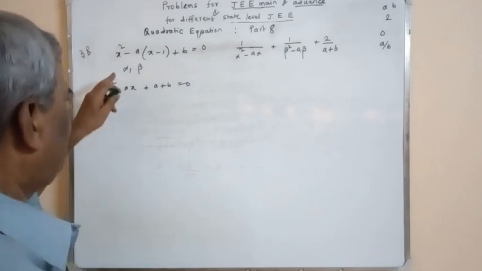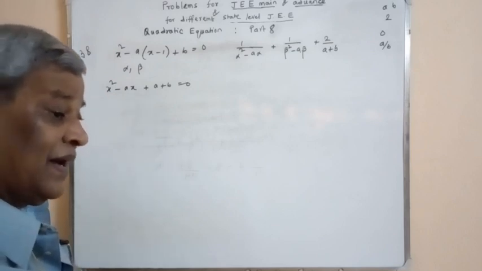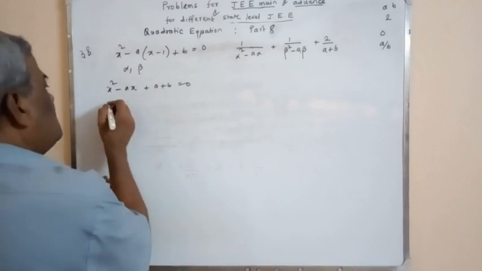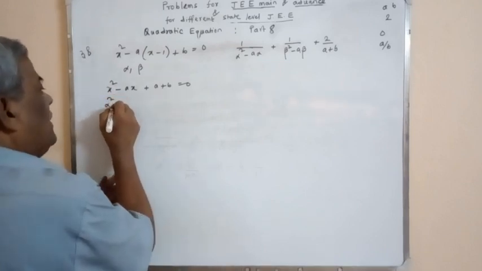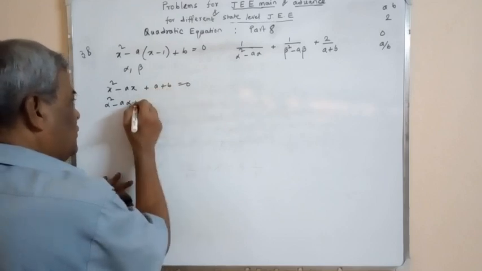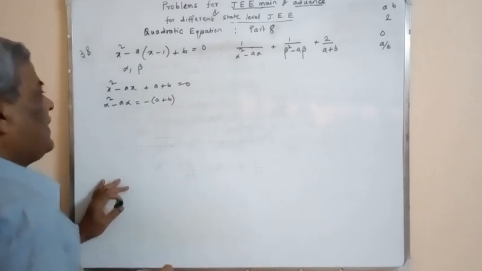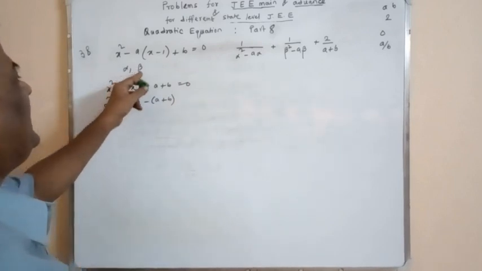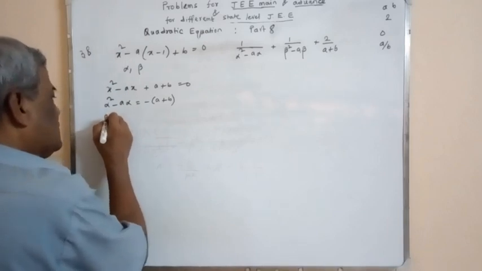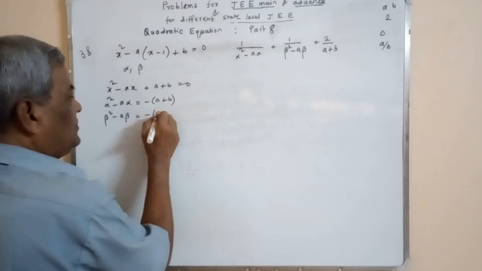Now, because alpha and beta are roots of that, alpha and beta will satisfy the equation. That is, we must have alpha square minus a alpha plus a plus b is equal to 0. In the same way, beta is also a root of that, must satisfy. That is, beta square minus a beta plus a plus b is equal to 0.